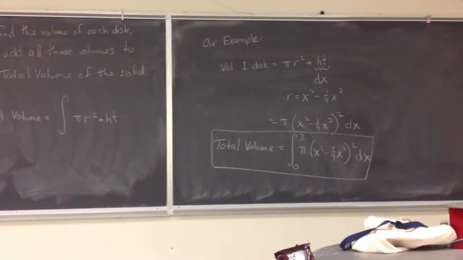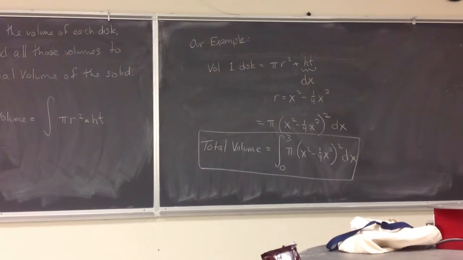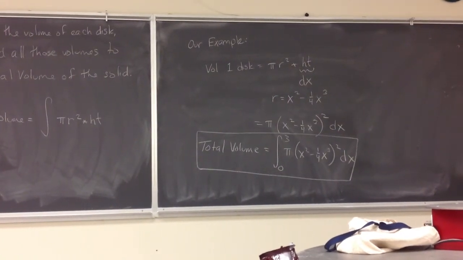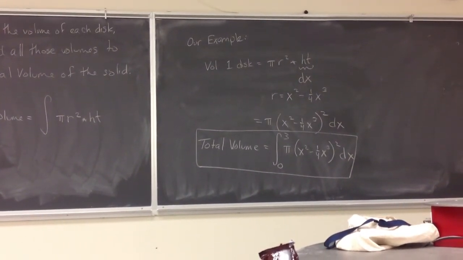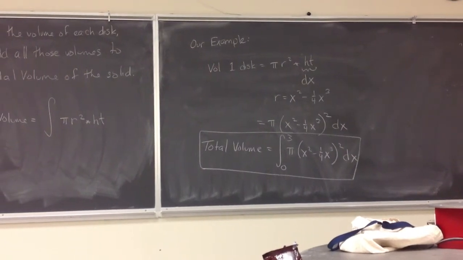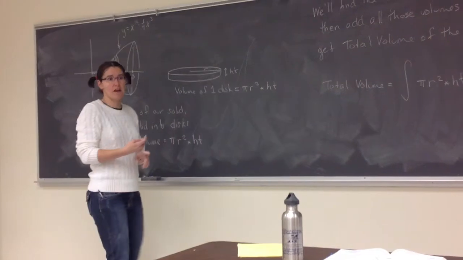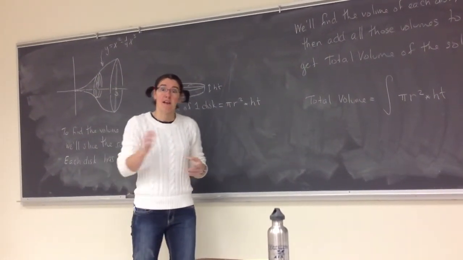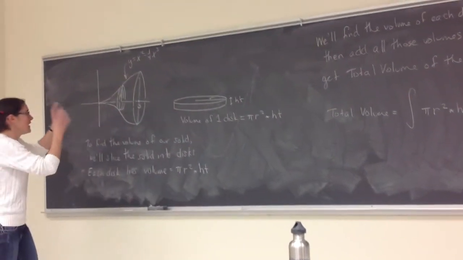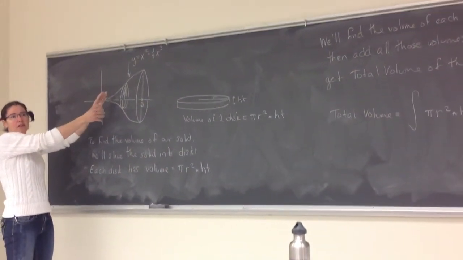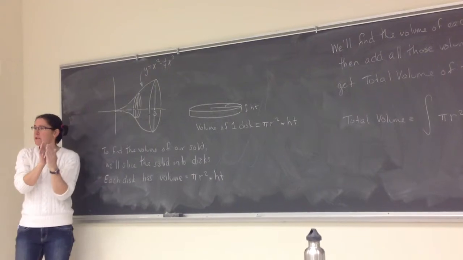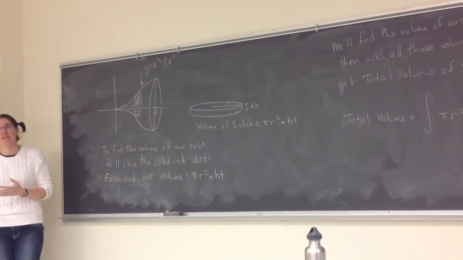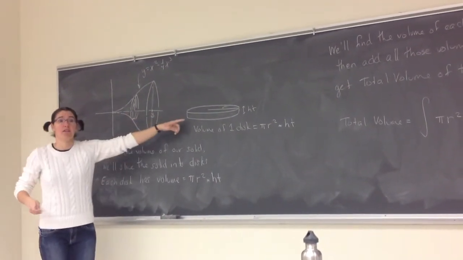Are there any questions about writing down an integral? So this is our first example of using an integral to talk about something other than areas below a curve or between two curves. And the idea is that we're taking this solid object and we're slicing it into pieces where each piece is essentially the same shape, in this case the shape of a disk.